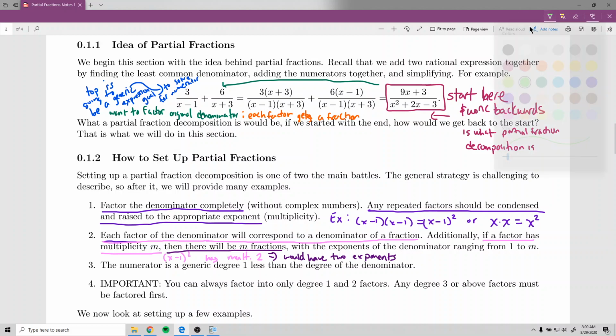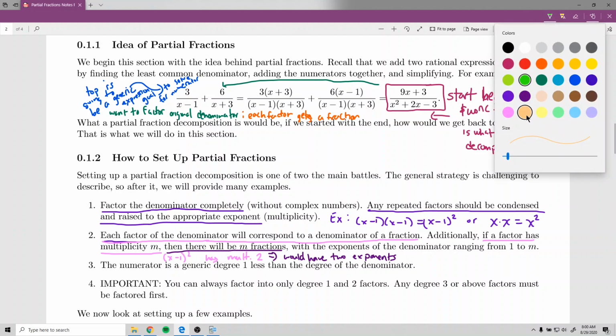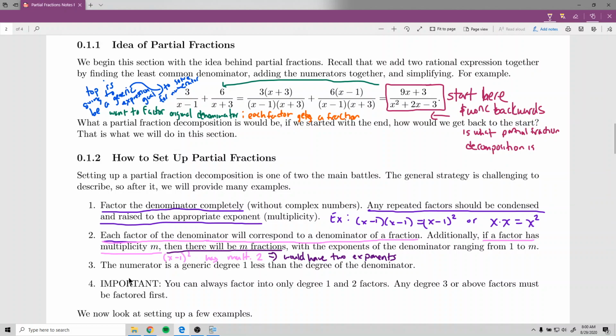Now, the hard part to understand for the setting up, at least for me when I started learning this, is what goes in the numerator. The numerator is a generic polynomial of degree 1 less than the degree of the denominator's factor. So, for example, using my x minus 1 and x minus 1 squared again, if the denominator is x minus 1, that's degree 1.